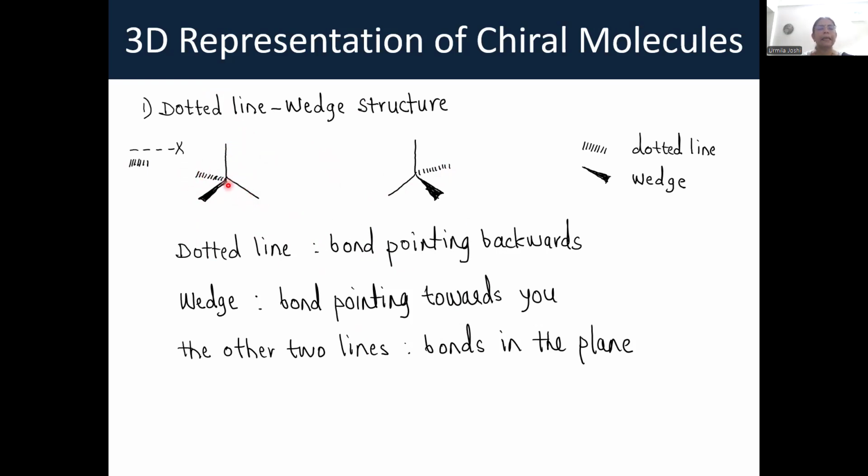The dotted line indicates the bond that is going away from me, and this bond is coming towards me. This is not in the plane of the screen or not in the plane of your paper.